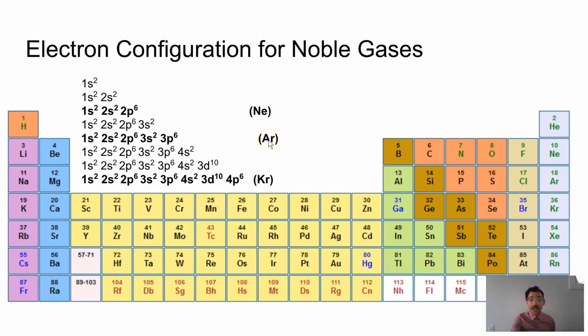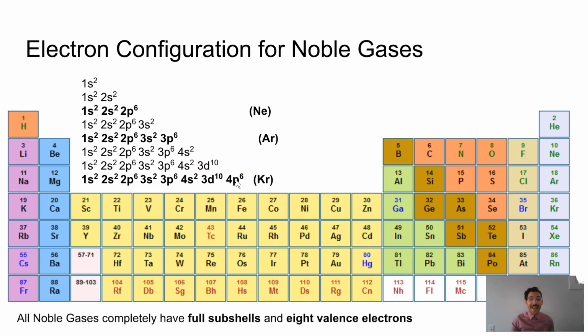If we look at argon, its highest energy level is the third, with 2 electrons in the s subshell and 6 electrons in the p subshell for 8 valence electrons. If we look at krypton, the highest energy level filled is the 4th with 2 electrons in the 4s and 6 electrons in the 4p. So each of these is going to have 8 valence electrons and completely full subshells.